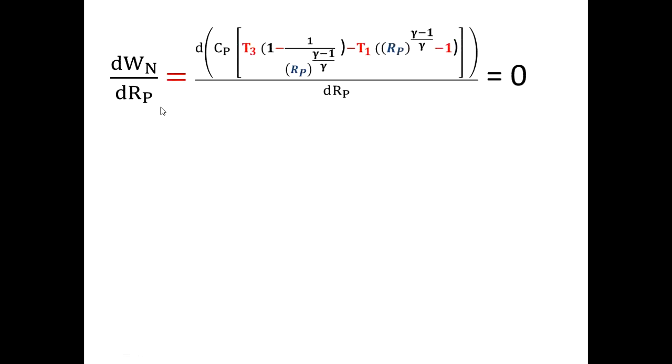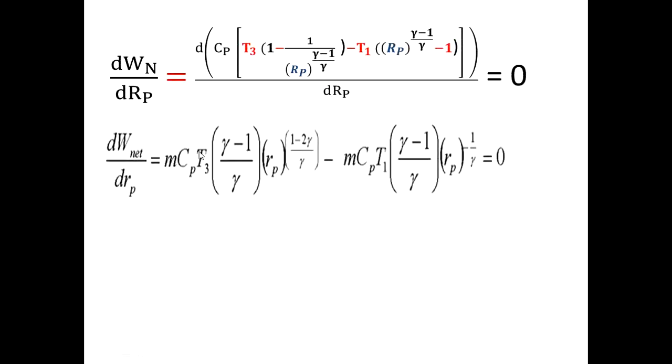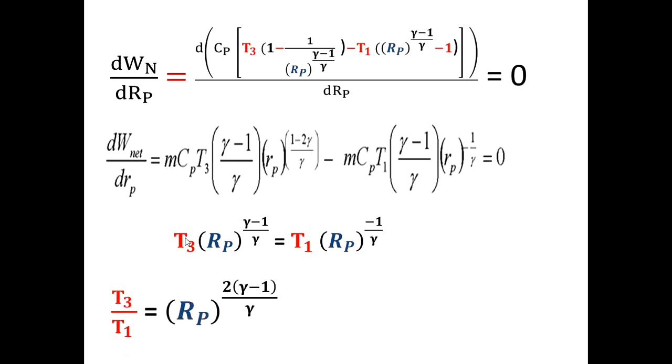After differentiation, you equate it to 0 and then you will get T3 times Rp to the power of gamma minus 1 divided by gamma equal to T1 times Rp to the power of 1 minus 1 divided by gamma. Therefore, this is the equation you will get.